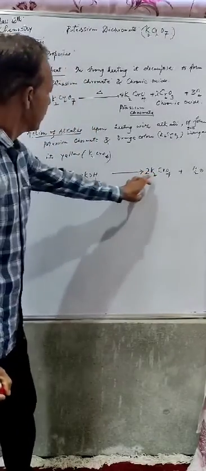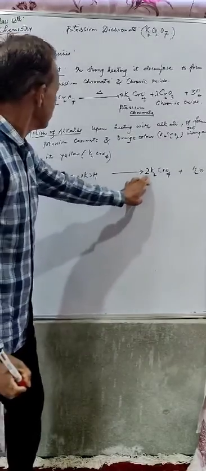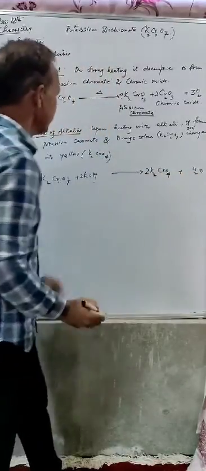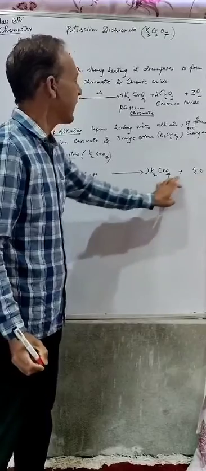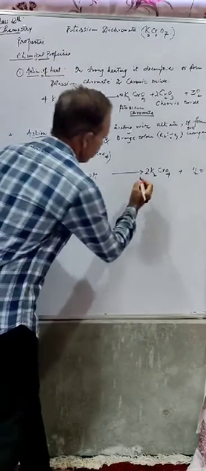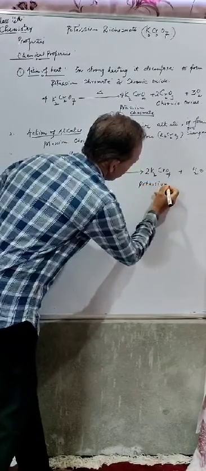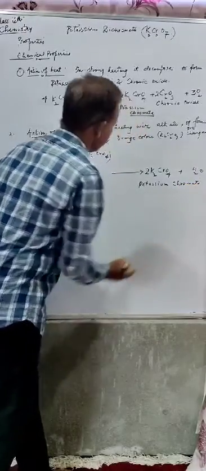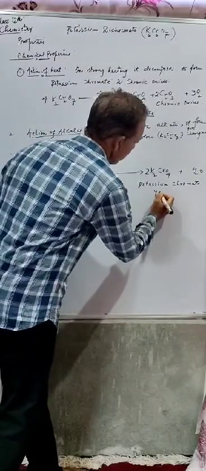So 4 times K, 4 times Cr, 2 times 4s are 8, plus water twice, H2O. 2 fours are 8 times oxygen and 1 time oxygen, 9 times oxygen. We have 7 times and 2 times oxygen. This is potassium chromate, and its orange color gets changed into yellow.